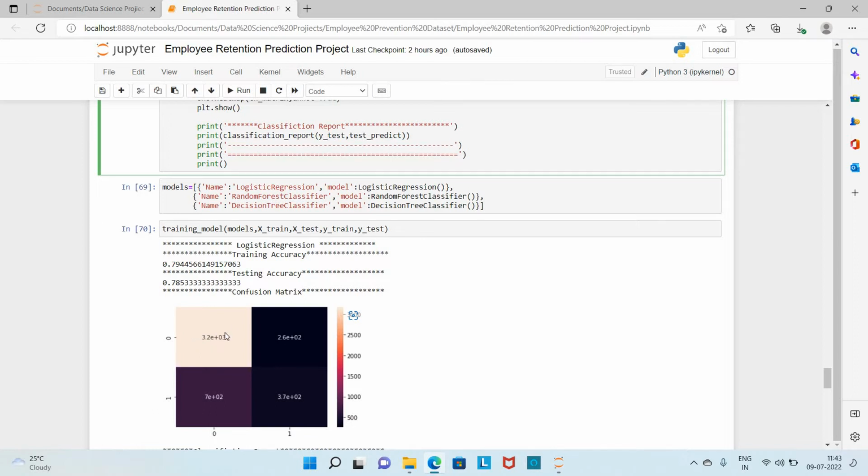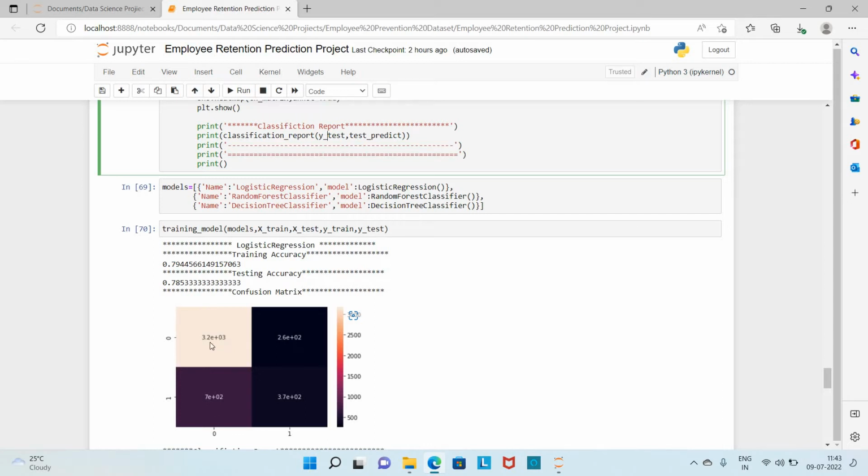Likewise, in the actual value we have around 3700 values where the actual value is 1: the employee actually left the company, and our model also predicted that he leaves the company. This is called a true positive.